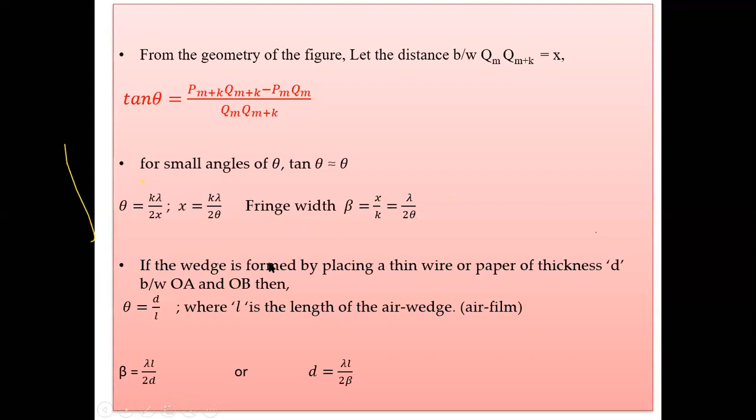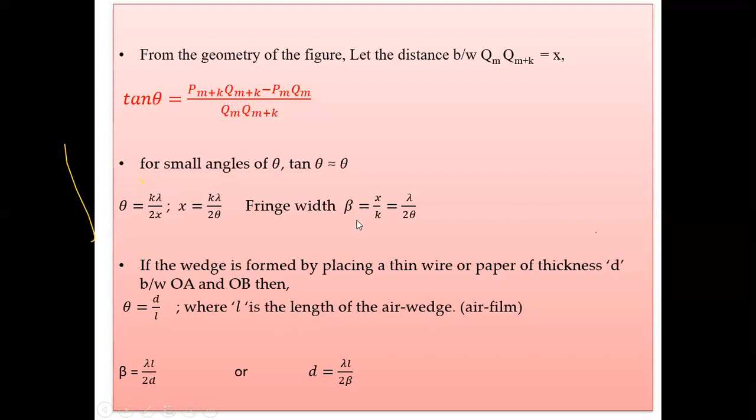If the air wedge is formed by placing a thin wire or paper of thickness D between OA and OB, then theta would be the paper thickness, that would be the height, thickness D. So opposite side divided by adjacent is tan theta, so that would be D divided by L, where L is the length of the air wedge.